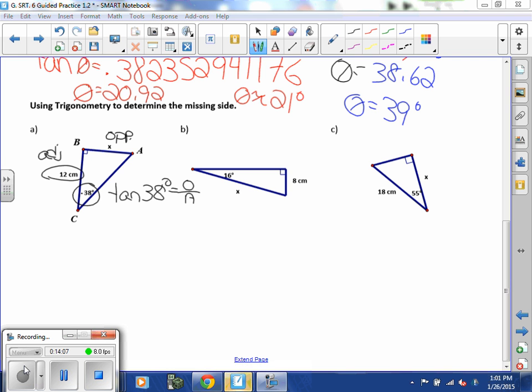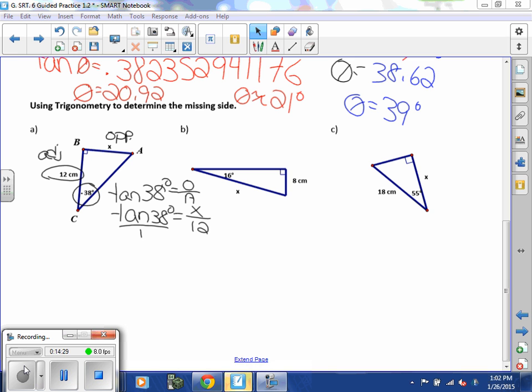I always set up my ratio first. Then I write tan 38 degrees. Opposite side in our case is x, and the adjacent is 12. Now, I only like to use my calculator once. So, how do you solve a proportion? Beautiful, cross multiply.